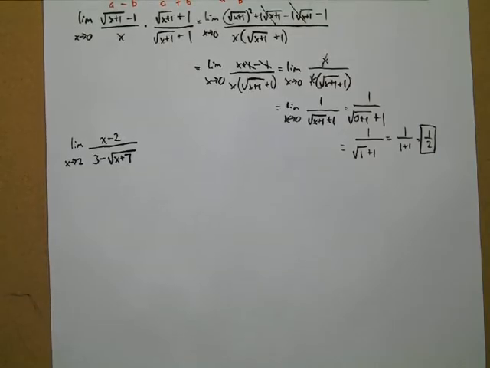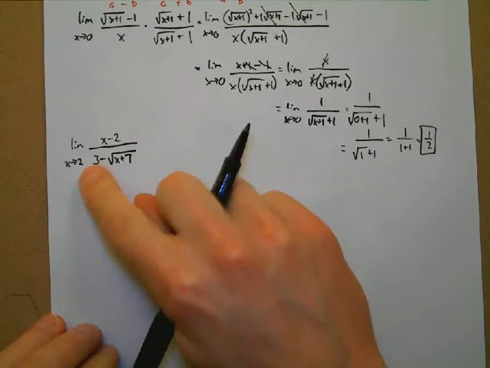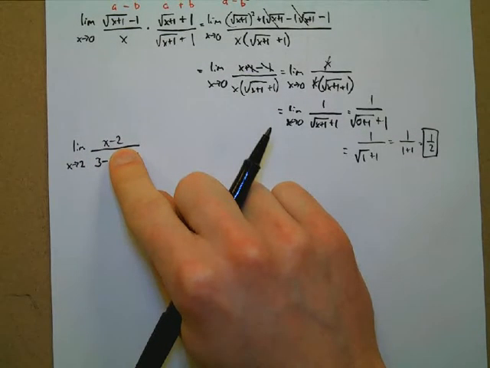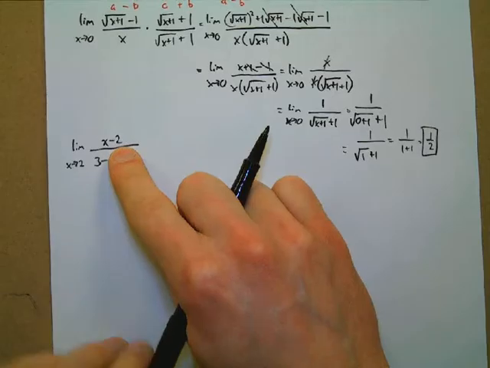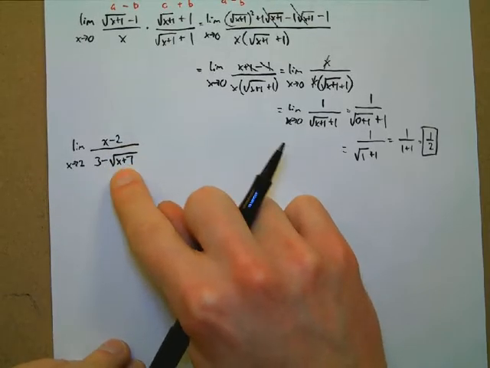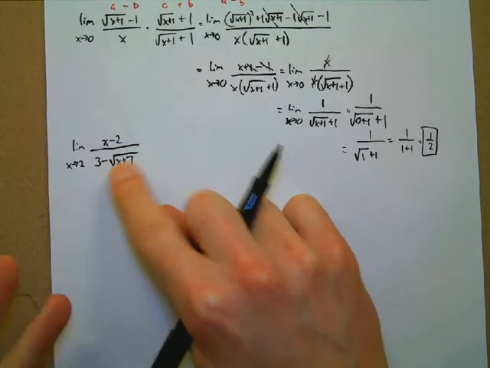Alright, so does direct substitution work? Let's see. If I plug 2 in the numerator, I get 0, which is not a problem. But if I plug 2 in the denominator, I get 2 plus 7, 9, square root of 9, 3, 3 minus 3, 0. So I end up getting 0 over 0. So that's a problem.